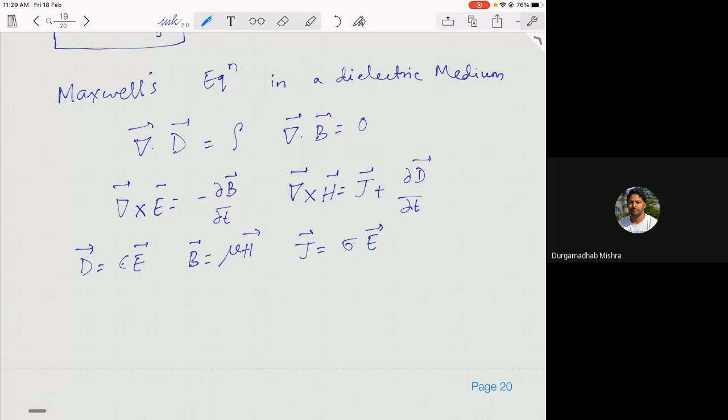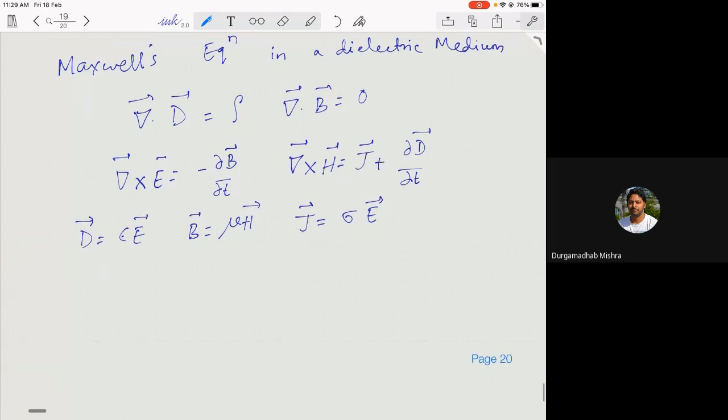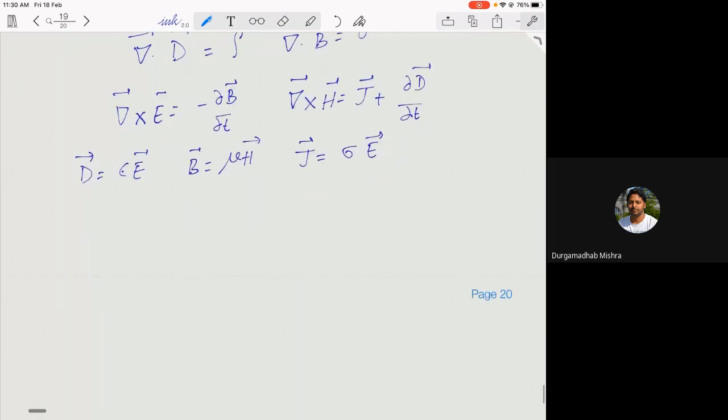Epsilon is the permittivity of the material, mu is the permeability, and sigma is the conductivity. Now if I assume there is no charge in the medium, rho is equal to 0, a charge-free dielectric.